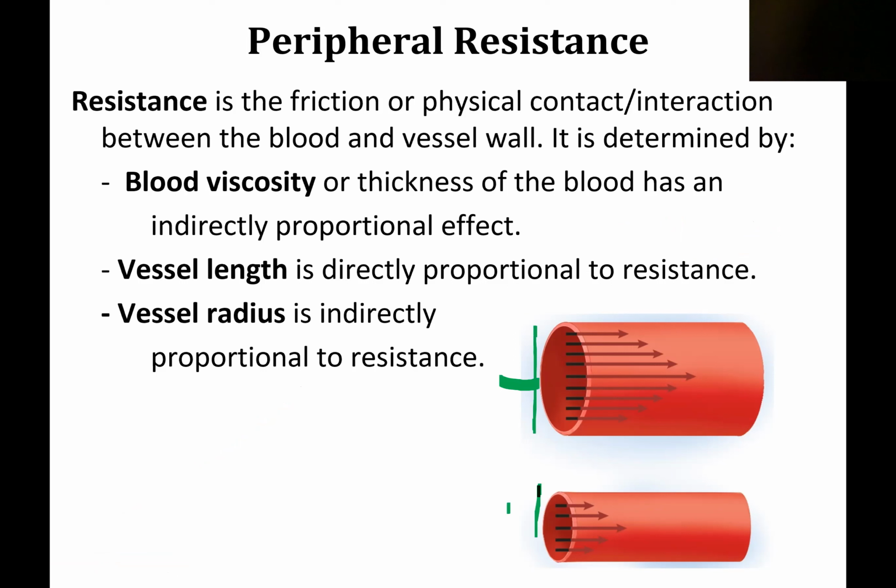The smaller the lumen, the more resistance. Smaller lumen, you have more contact between the blood and the vessel wall. Bigger lumen, less resistance because there's less and less contact.